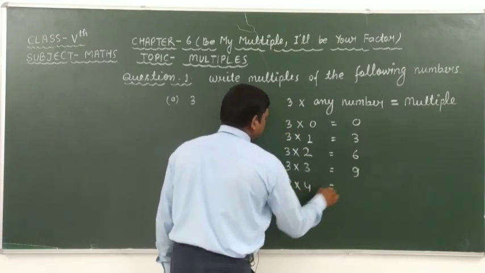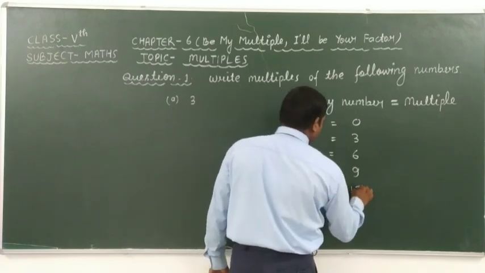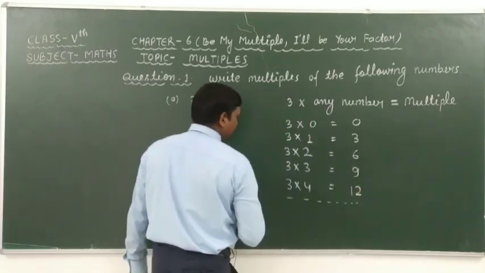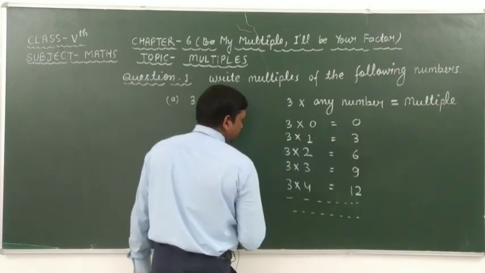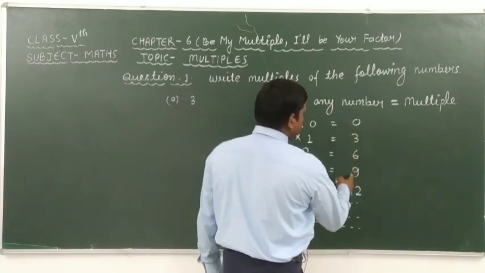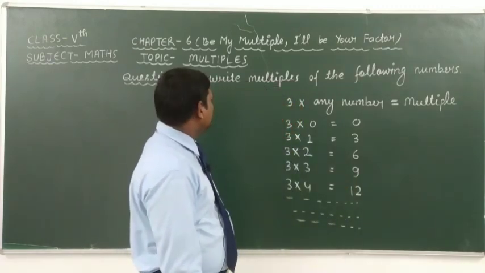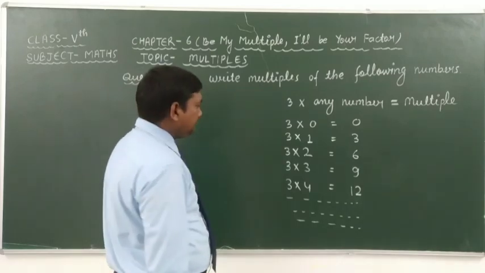Again 3 into 4 is 12. Similarly, we can get a series: 0, 3, 6, 9, 12. Understand?